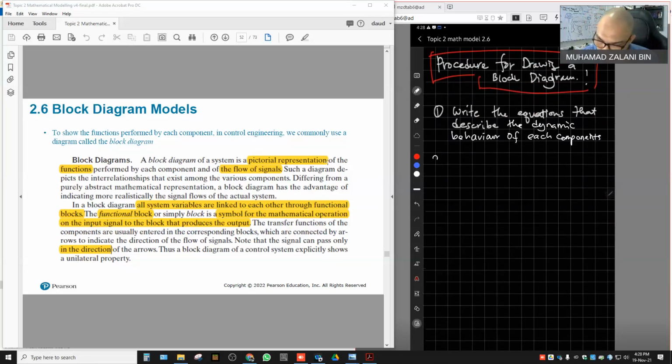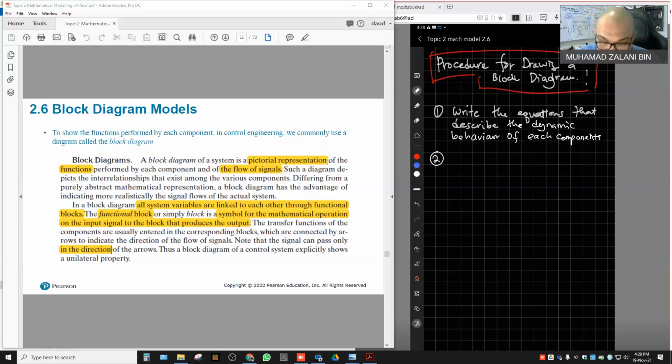What's the second procedure? When we have finished writing the equations in the time domain for the system, the next step is to take the Laplace transform of these time-domain equations into the Laplace domain, assuming zero initial condition.